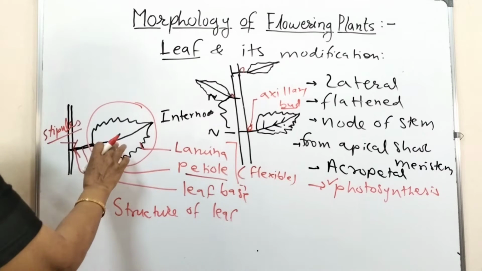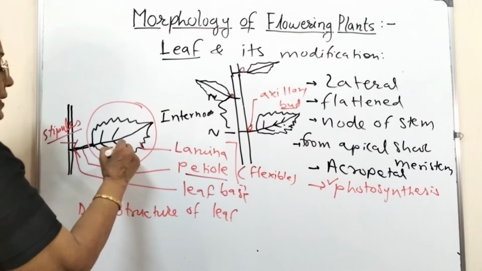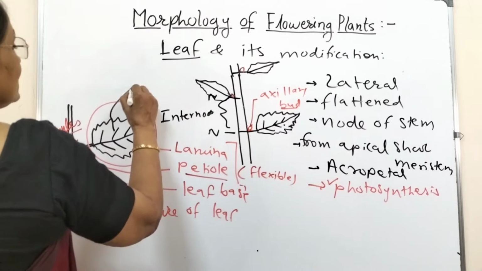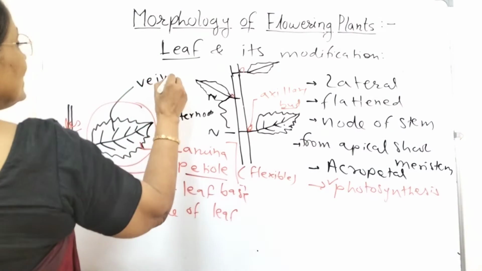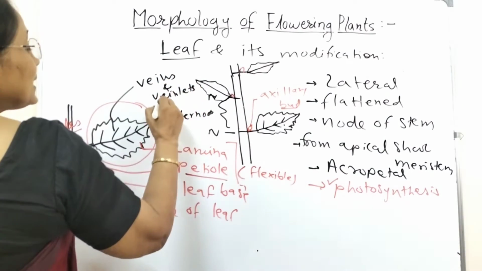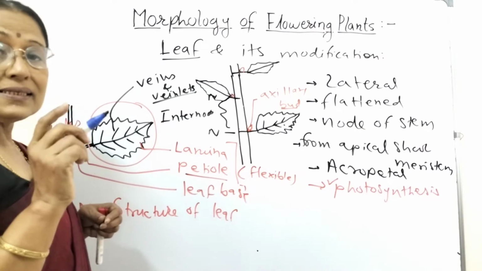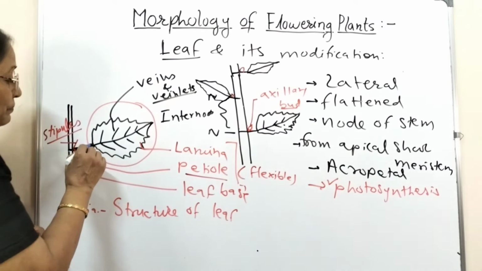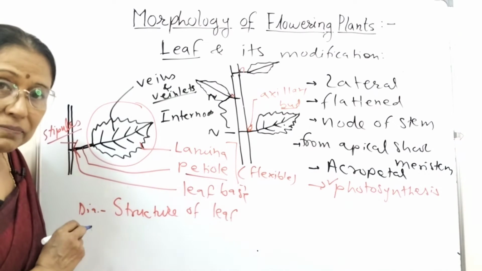Now come to the lamina. You will find veins and veinlets. What are veins and veinlets? These are actually the xylem and phloem.